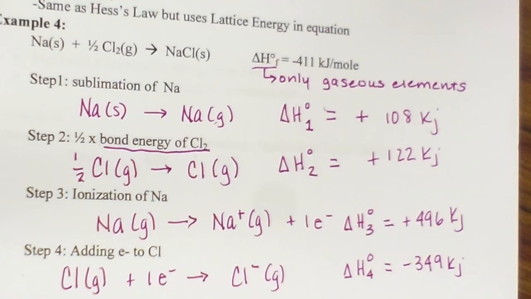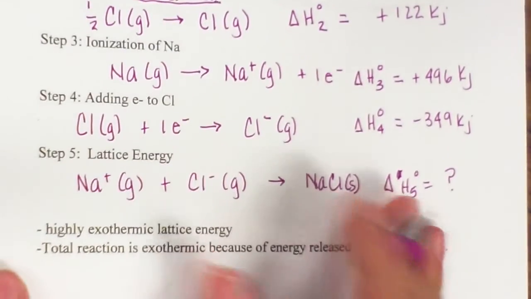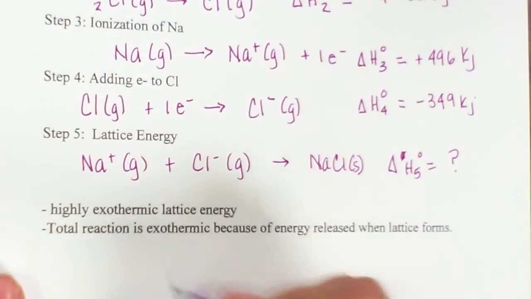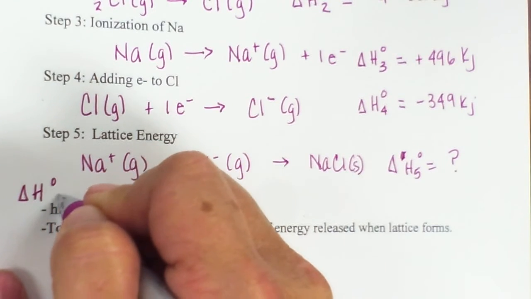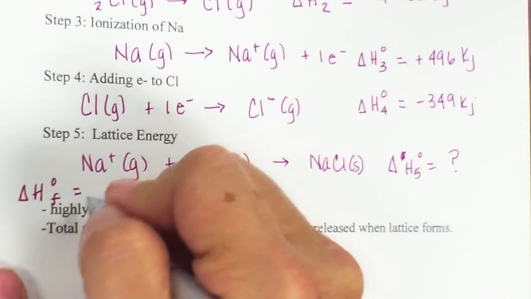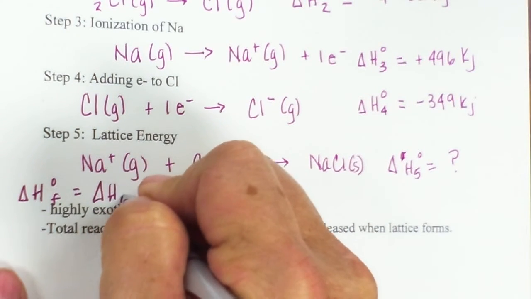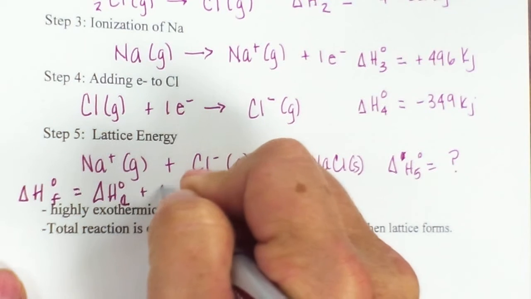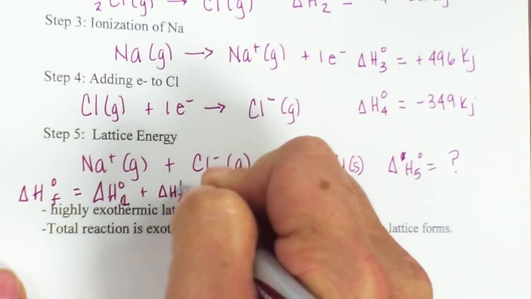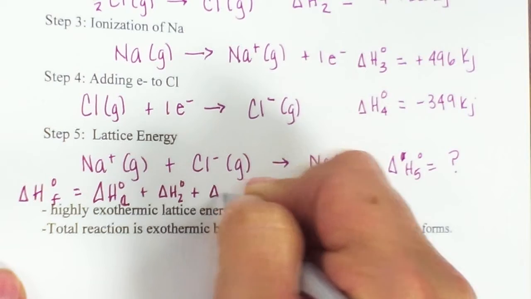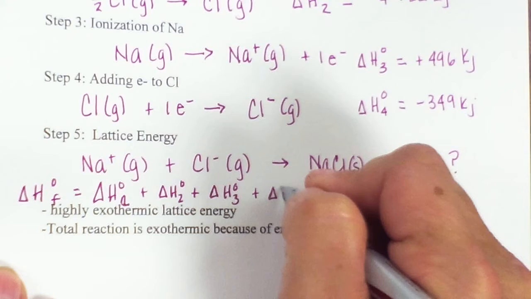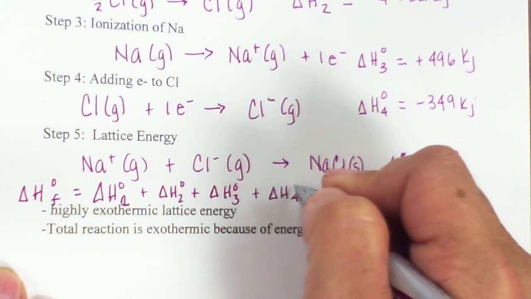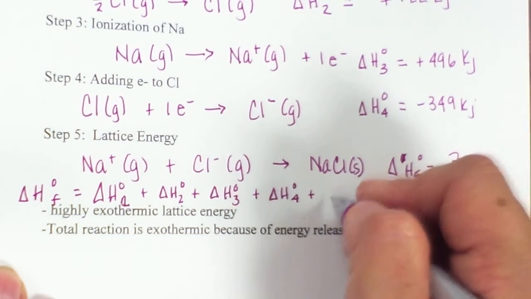So what we're going to say is that delta H is equal to delta H1 plus delta H2 plus delta H3, and this is where Hess's law comes in, plus delta H4 plus delta H5.